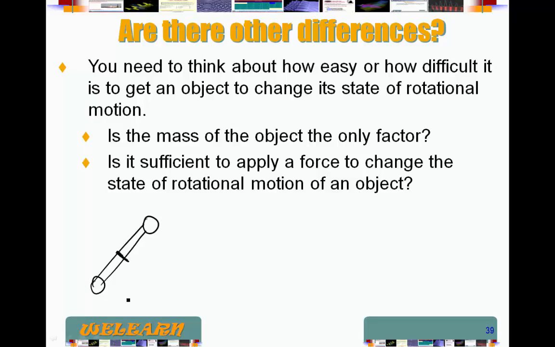And we compared that to an equal mass object where the extra mass was closer to the center. We found out that it's much more difficult to get this to rotate than this one. Even though they have the same mass, it's more difficult to rotate this one.